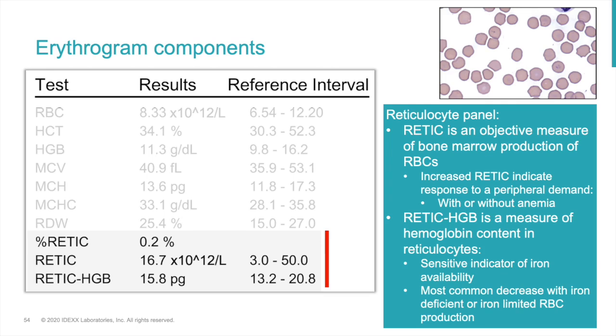What you do need to know about retic hemoglobin is that it is the most sensitive indicator of availability of iron. The most common situations where we see that are either during true iron deficiency, where there isn't any iron present, or actually more commonly in a situation where we have iron limited red cell production, where there's plenty of iron, but it's not getting to the red cells, and that's during active inflammation.